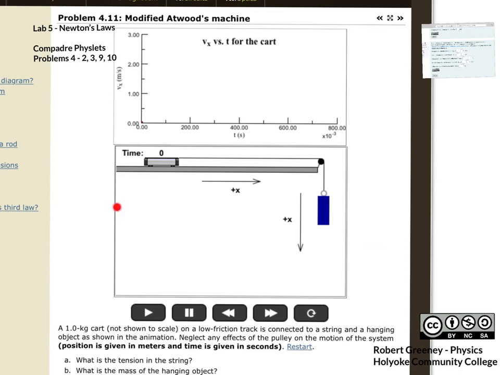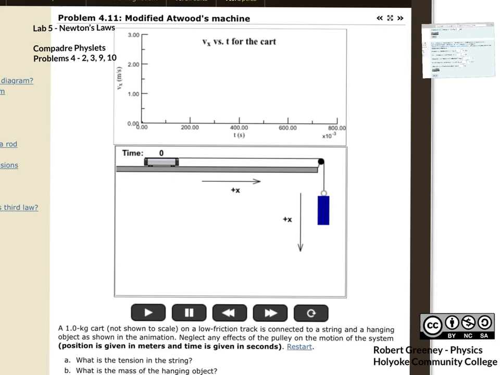So when we write the sum of the forces in the x direction, remembering that this is x, Fg is positive, Ft is in the negative x direction according to this, so it's negative. The acceleration will be positive. The mass of the hanging mass times ax. It's not 0, don't make that mistake. And so now just do the algebra and solve for the hanging mass and see what you get.